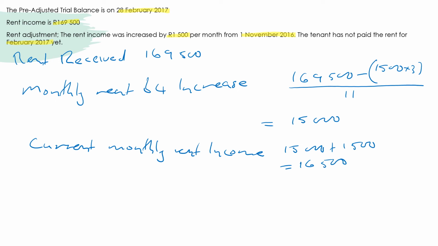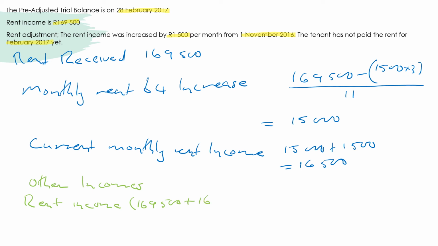Then going to your income statement, there will be other incomes, then rent income, that's 169,500 plus, remember the rent is now outstanding, it's not income received in advance, it is now that outstanding income that you still have to receive for that particular financial year.